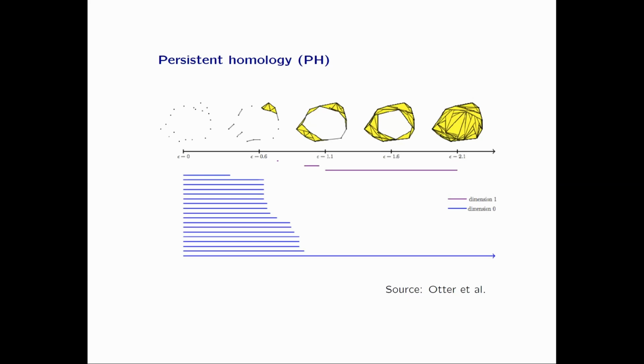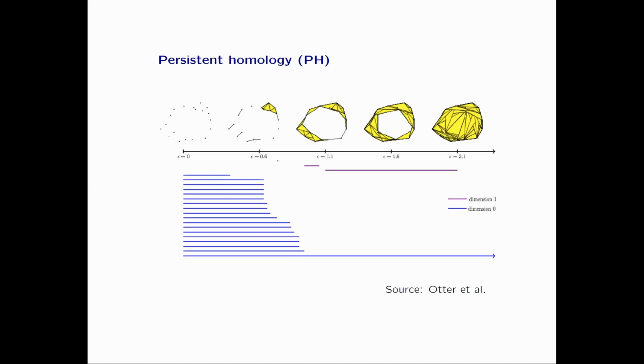So that way, as epsilon grows bigger and bigger, the thing that as a point cloud might look like a circular shape will certainly have the homology of a circle. But then, of course, when your epsilon is too big, the simplices are going to encompass the whole hole, and the homology becomes trivial.